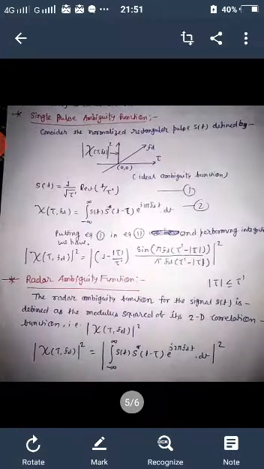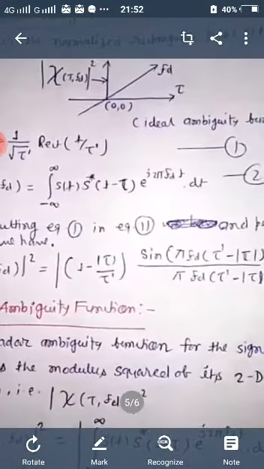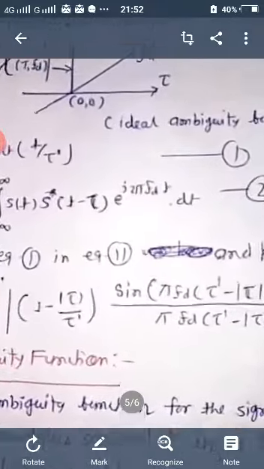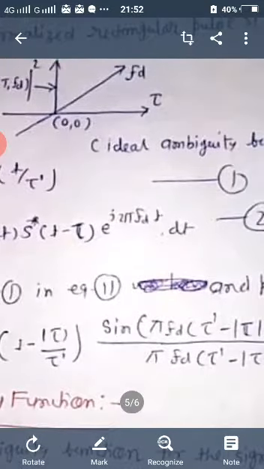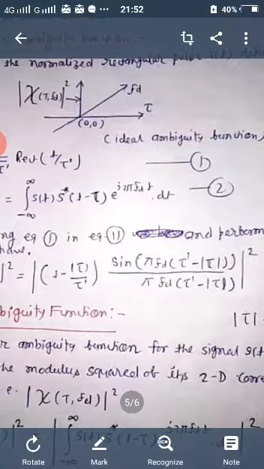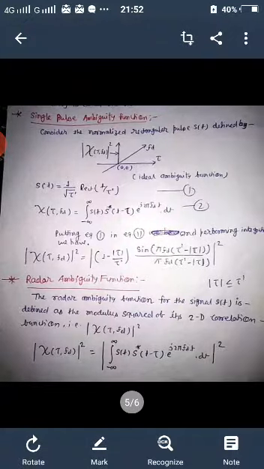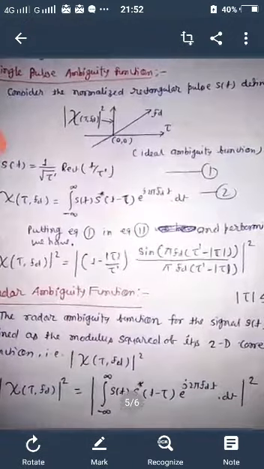Now see the single pulse ambiguity function. Consider the normalized rectangular pulse s(t). You can see here the time delay scale tau, the Doppler frequency, and this will be the ambiguity function, denoted by chi(tau, f_d) squared. This is the ideal ambiguity function.